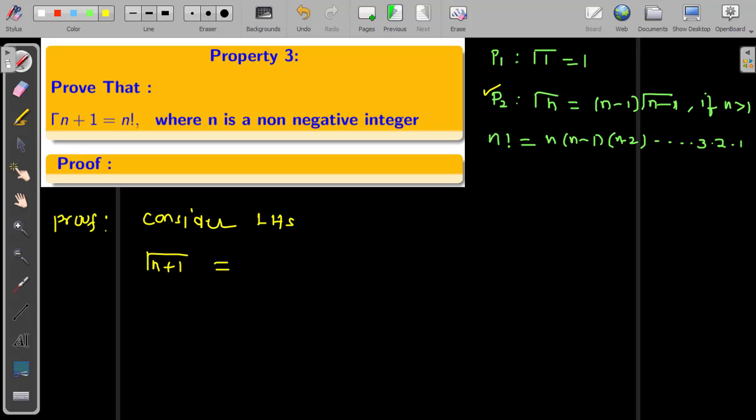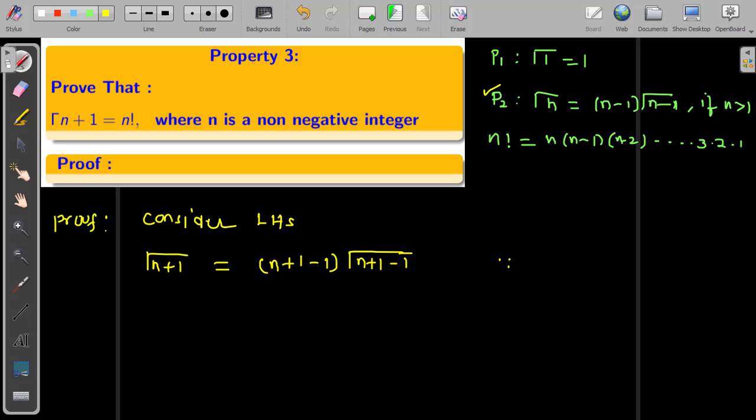Similarly here we have n plus 1, so I apply the same rule: n plus 1 minus 1 times again gamma of n plus 1 minus 1, because in place of n we have n plus 1. That's the reason we write it like this.